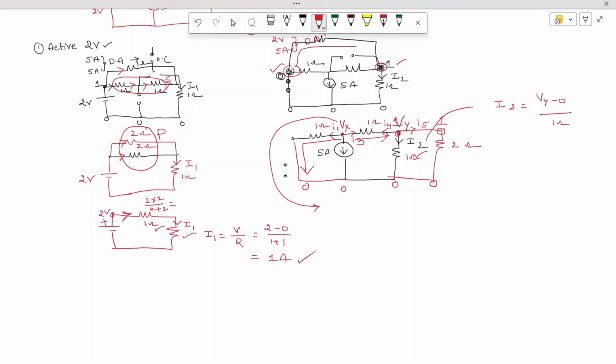Okay, so in order to find this Vx, I am applying nodal analysis. Applying nodal analysis is indirectly applying Kirchhoff's current law at node Vx. Here you can see how many entering currents are there, how many leaving currents are there. Here all are leaving currents.